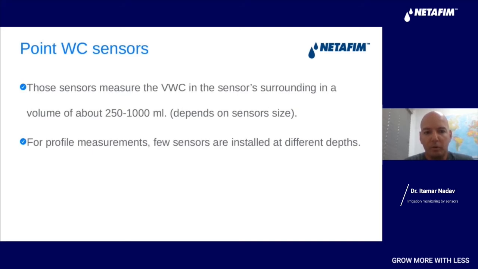Those sensors measure the volumetric water content in the sensor's surrounding soil, in a volume of about 250 milliliters to 1 liter, and it very much depends on the soil and the sensor size. And for profile measurements, a few sensors are installed at different depths. If you want to measure the entire root zone, you need to install a few of them.